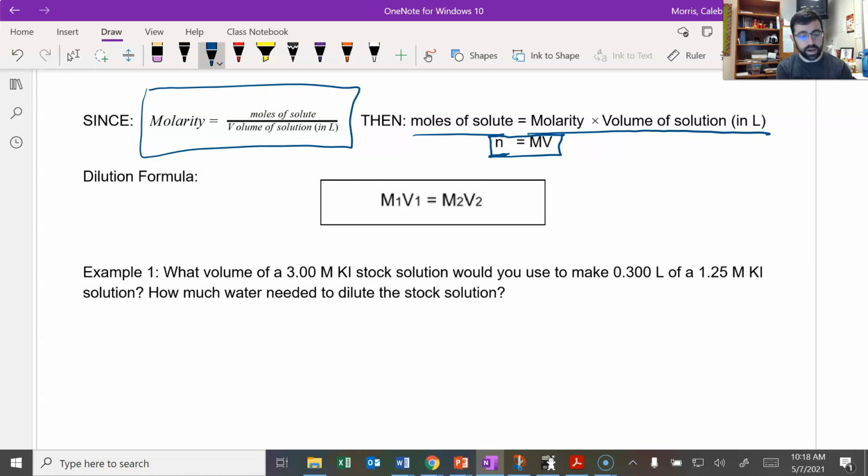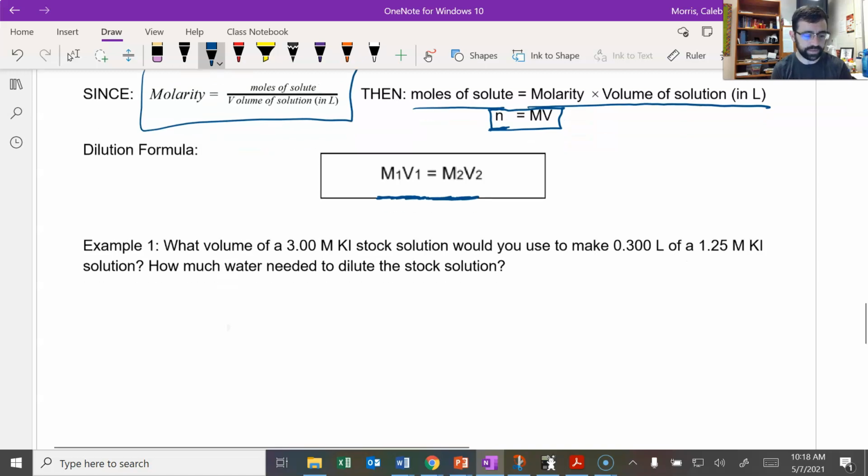In other words, my original molarity multiplied by my original volume would be the number of moles. It will be equal to the final molarity multiplied by the final volume. This is a useful equation we'll use called the dilution equation: M1V1 equals M2V2. Very useful equation.